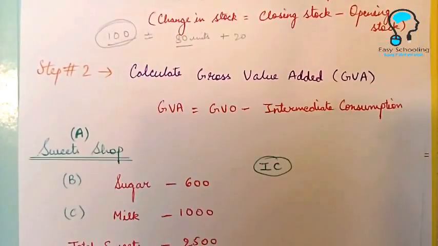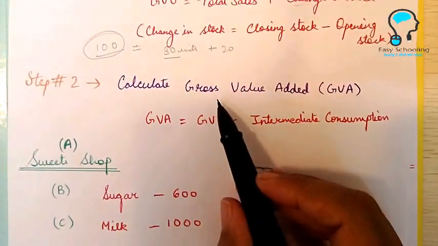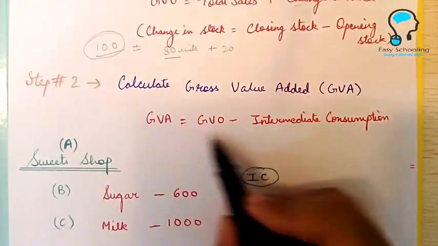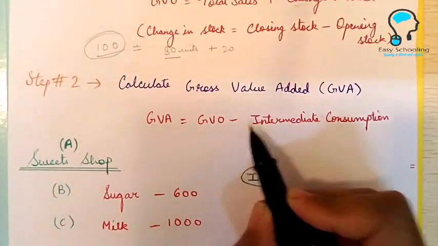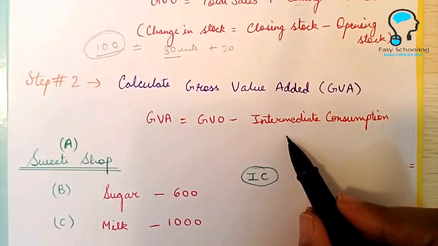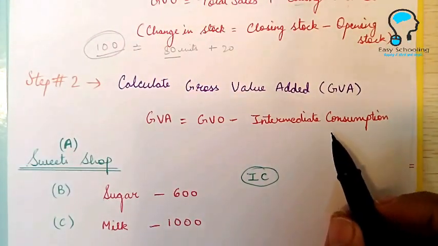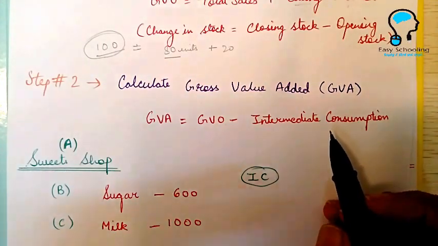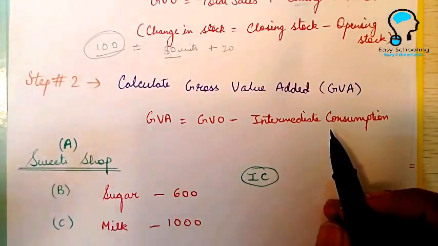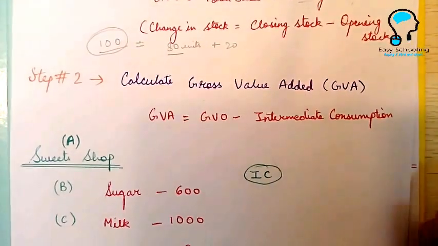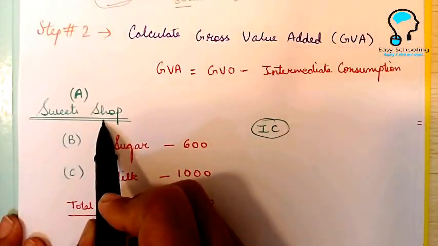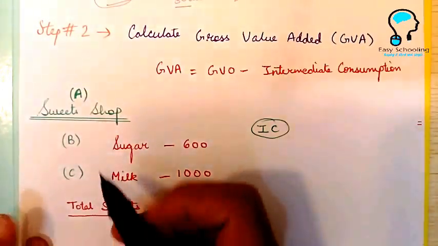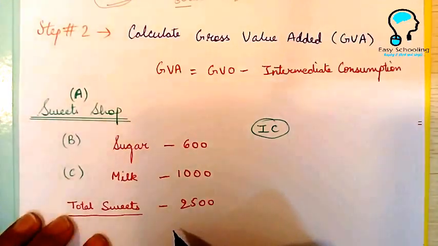Now after calculating GVO, you have to calculate GVA, that is gross value added, which is gross value of output minus intermediate consumption. Intermediate consumption means the consumption of finished products or semi-finished products produced by some other firms. For example, suppose there is a sweets shop, and A is the owner of that sweets shop. He produces sweets in his shop.